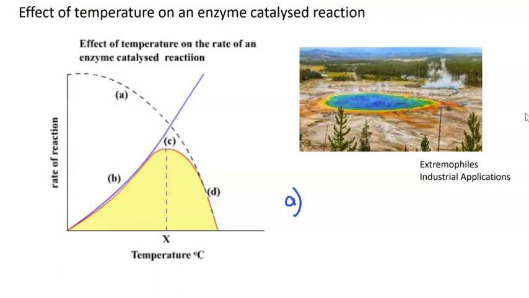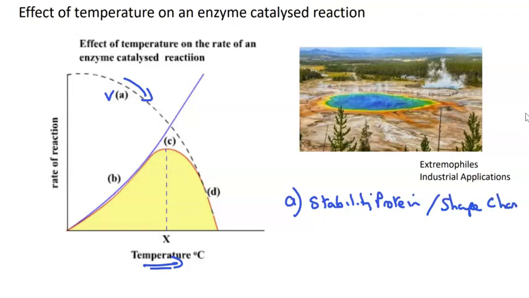A, which corresponds to this graph here, relates to the stability of the protein, of the enzyme. As the temperature increases, the kinetic energy of the particles in the structure increases, the vibrations within the protein will increase until there's a shape change. And with that shape change comes a loss of function.